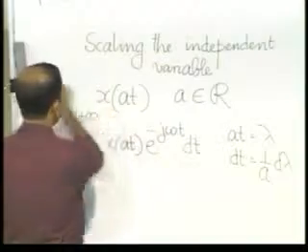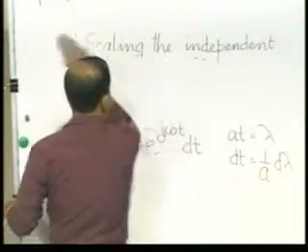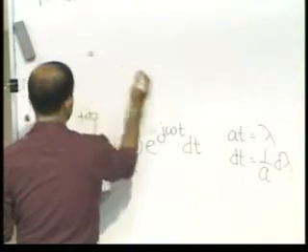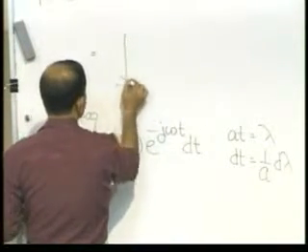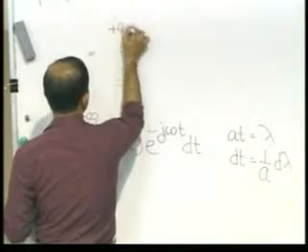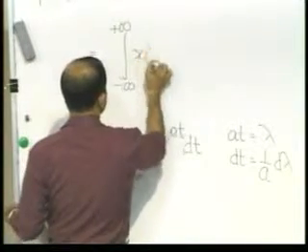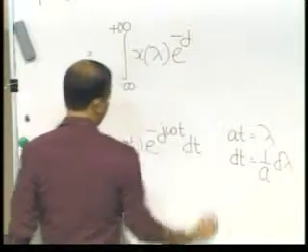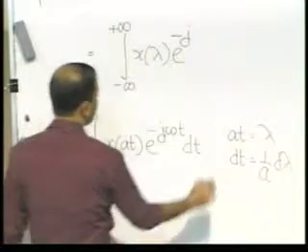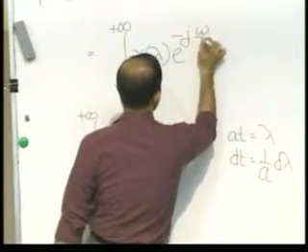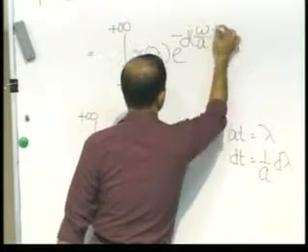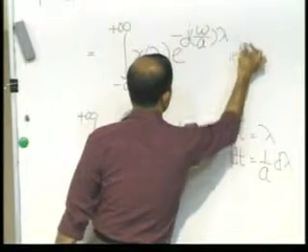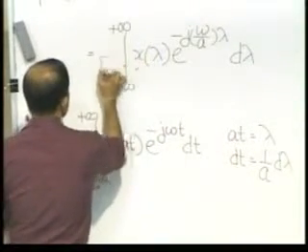So in general, one may rewrite this in the following way. We may rewrite it as the integral from minus infinity to plus infinity of x(lambda) e raised to the power minus j, now in place of t I write lambda by a, so omega by a times lambda. dt is d lambda, but then we divide by mod a.